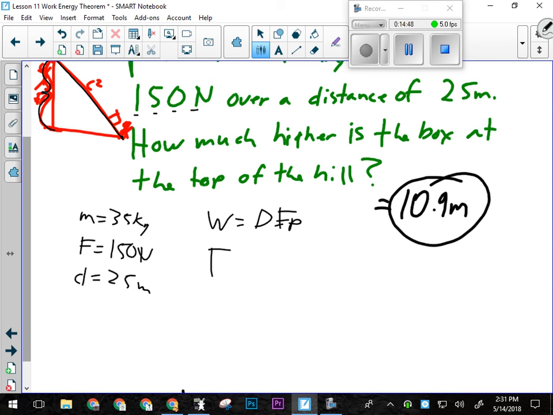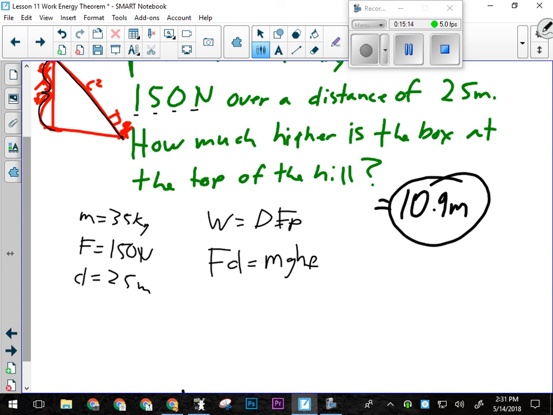All right, that's going to mean force times distance equals m times g times h final minus m times g times h initial. But where was I at the beginning of this? On the ground, at the bottom of the ramp, so I don't have any initial potential energy, which actually makes the question easier because then I don't have to worry about moving that stuff around. I can just cancel it off.